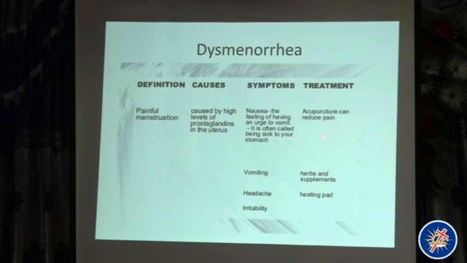And the treatment here is painkillers. We don't have acupuncture. There are very few people who use acupuncture, especially from the Eastern world. And then for vomiting, herbal treatment. That is the treatment. Headache, you give painkillers.